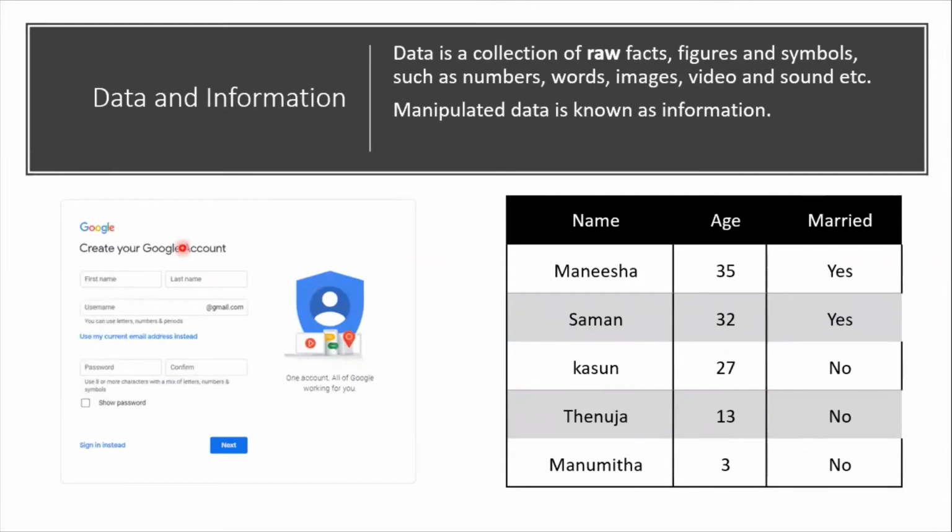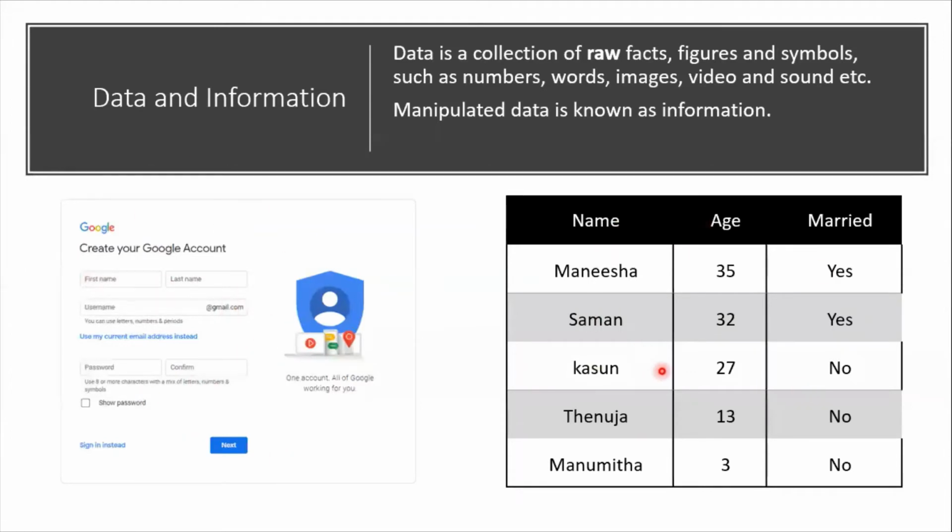I'm pretty sure everyone is using at least two Gmails. Somehow you have filled in this form. What you have provided is some sort of data. These are not information actually. These are data: your first name, your last name, your username, password, and everything.